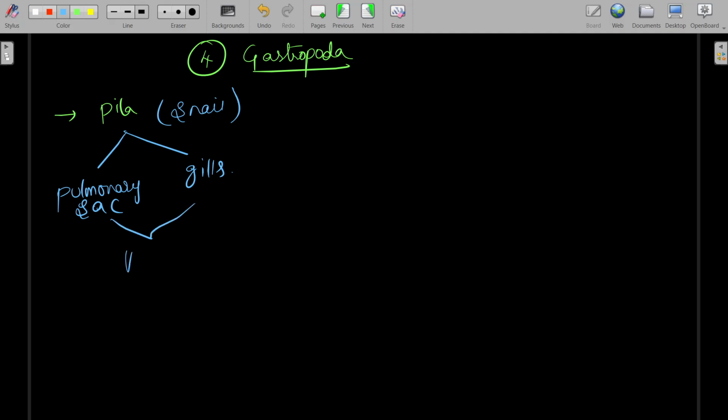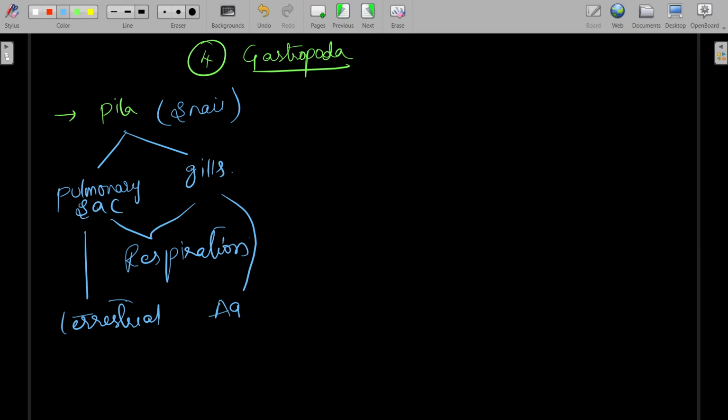The pulmonary sac is for terrestrial organisms and the gills are for aquatic ones.